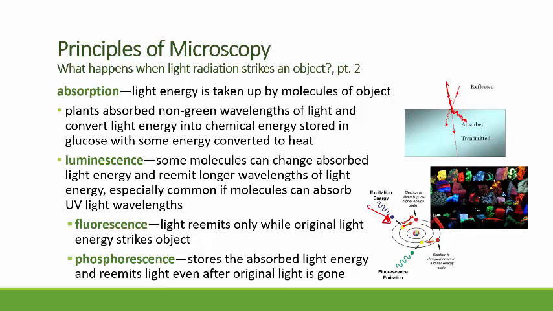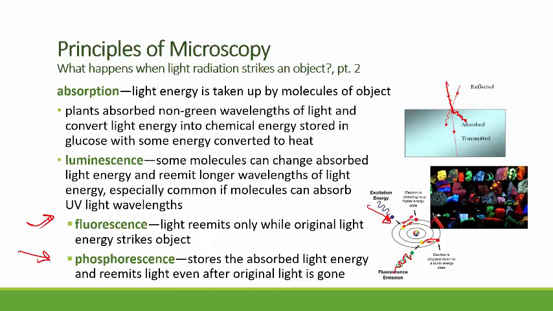So we haven't changed the molecule or the atom, but it has become a little bit more energetic because the electron is now circling the nucleus at a higher energy level. Later on, that electron may re-emit all that energy and fall down to a lower energy level. And when it does, it sends out the energy in the form of either fluorescence or phosphorescence.